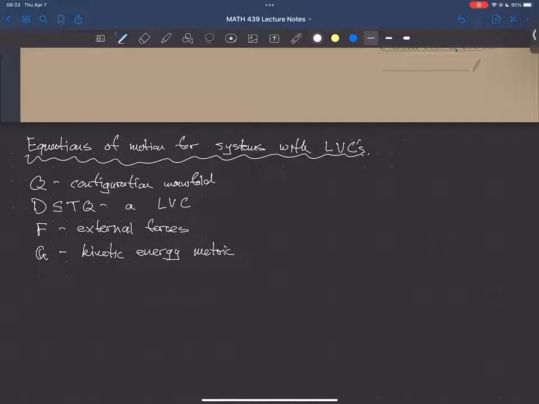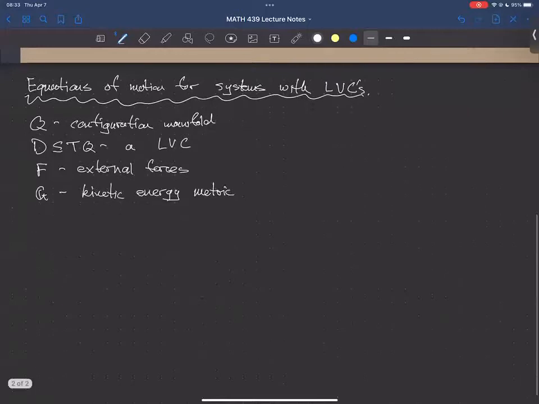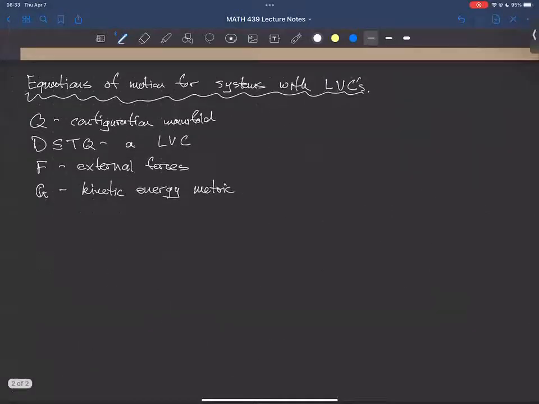Okay, so with this data, we last time wrote down the equations of motion in affine connection form for a system with this kind of data, and they look like this. So we had the normal forced geodesic equations.